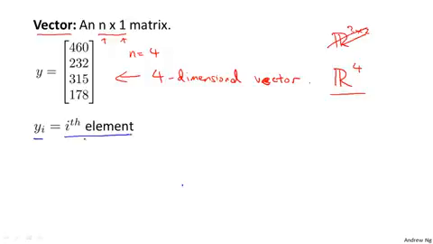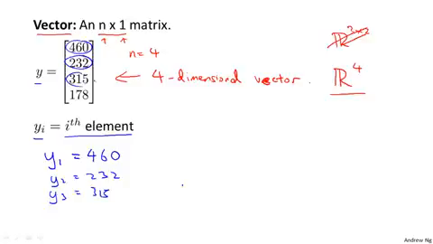So y1 is the first element, equal to 460. y2 is the second element, 232. y3 is equal to 315, and so on. Only y1 through y4 are defined because this is a 4-dimensional vector.